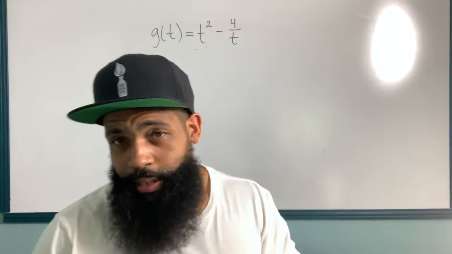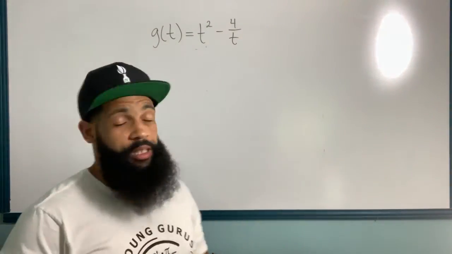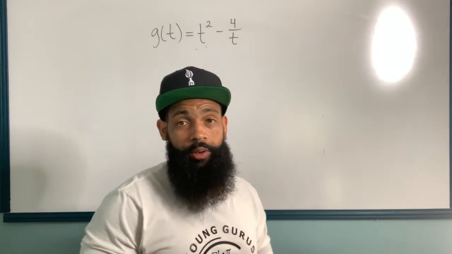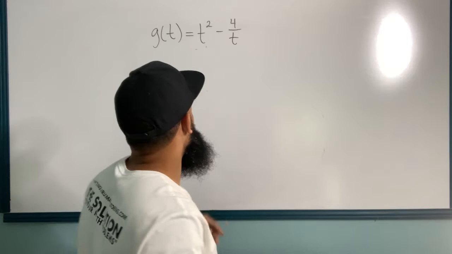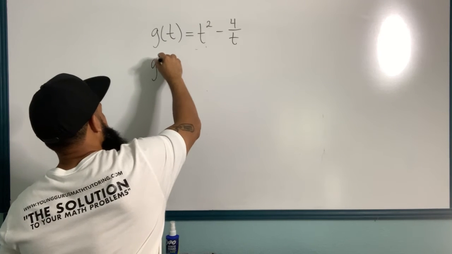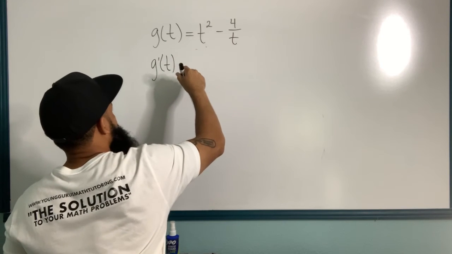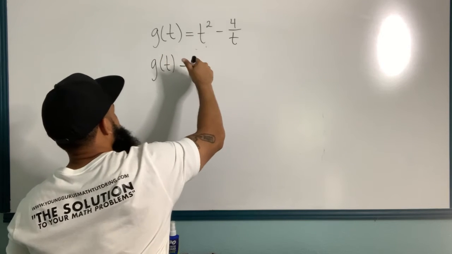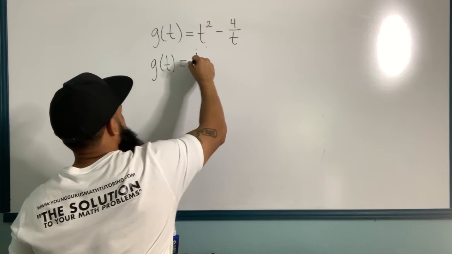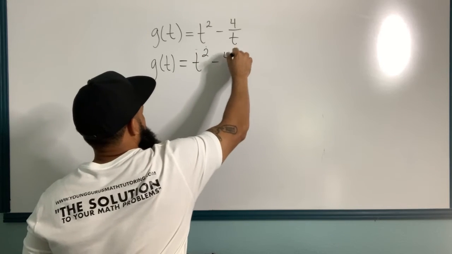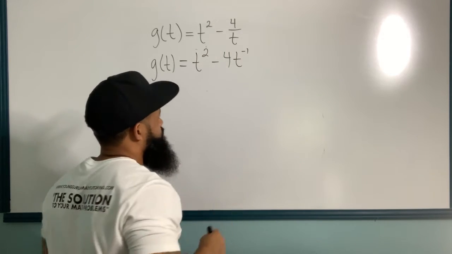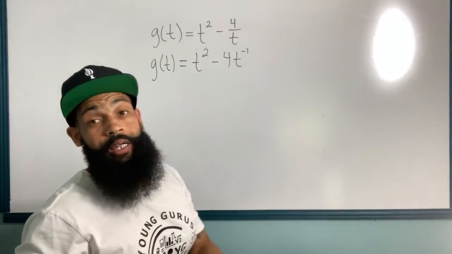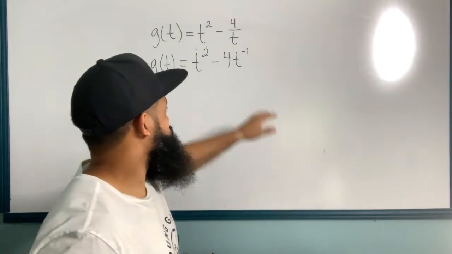Last but certainly not least, I have g of t equals t squared minus 4 over t. The first thing I want to do is rewrite this term right here. Let's say g of t equals t squared minus 4t to the negative 1 power. I just rewrote that using a negative exponent, so now I can apply the power rule to this term.